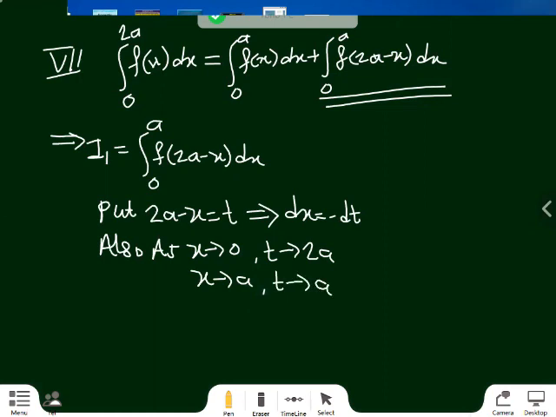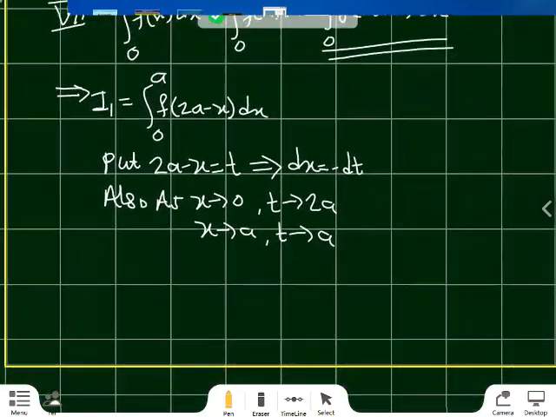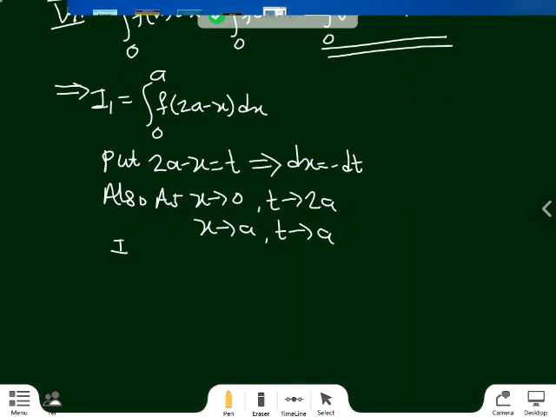Now, making this substitution in I1, it becomes integration from 2a to a f of t into minus dt.